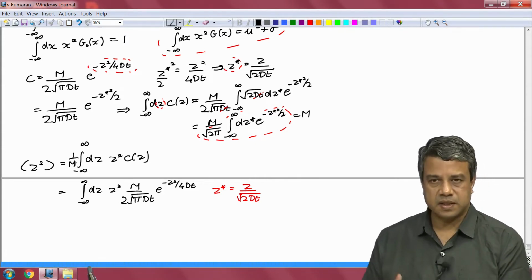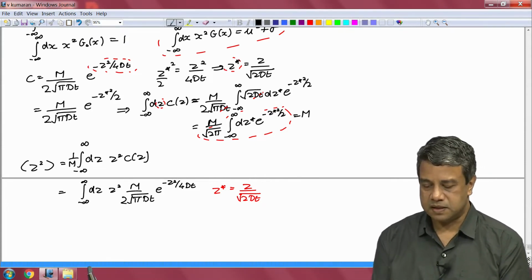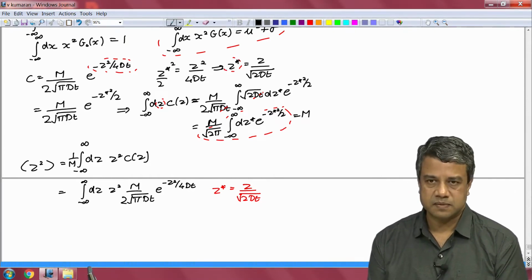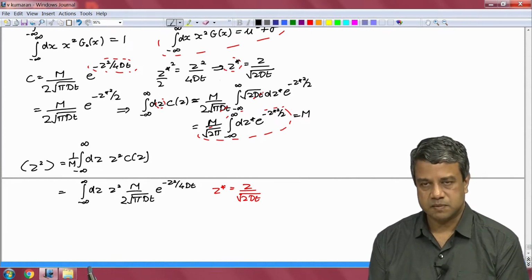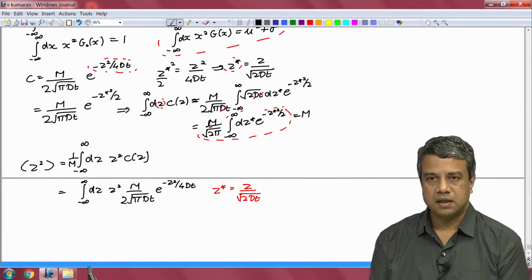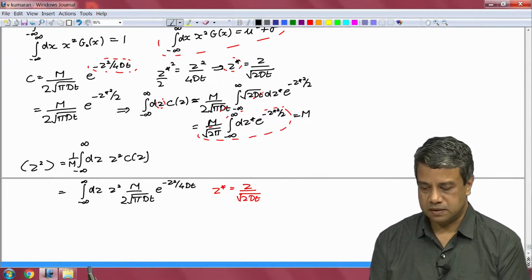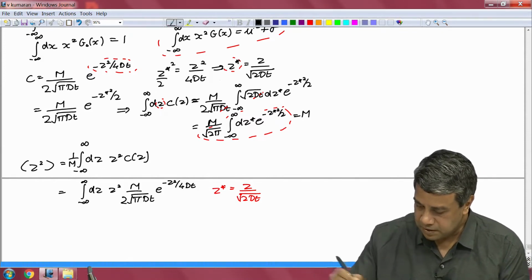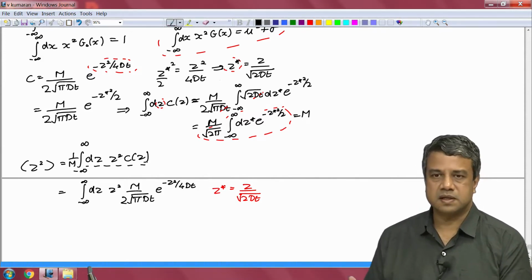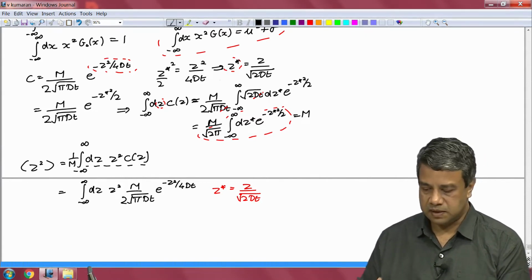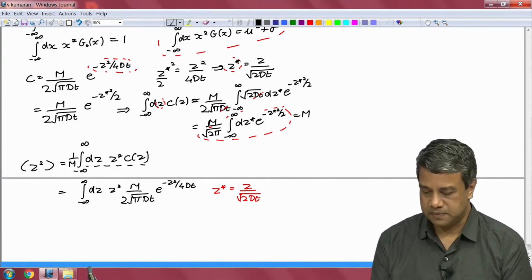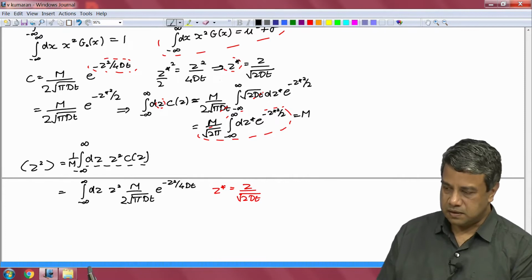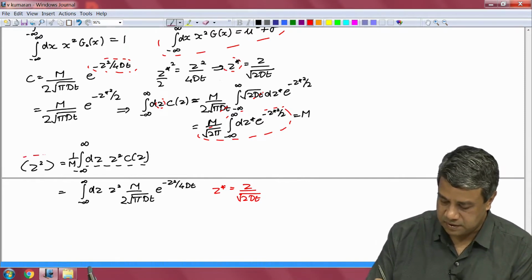If I multiply the concentration, which is mass per unit volume, by dz, it gives me a mass per unit area times z square, which is mass into length, divided by mass per unit area. So, I get the correct dimension of length square, which is the same as the left hand side.